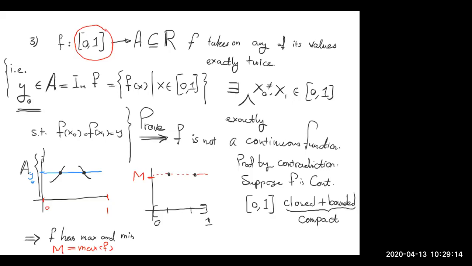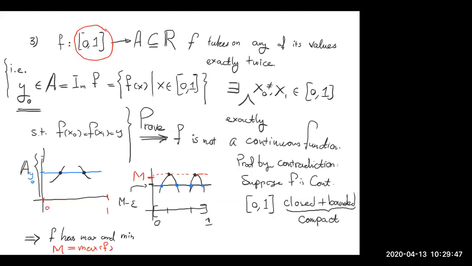But then what Hugo says is that if this point is max, and this point is also max, the function would look like that, or it has to look like that around them. It can't be constant because then there would be more than 2 points taking the value M. And then if we look at M minus epsilon, there are 4 points at which the value of f equals M minus epsilon.